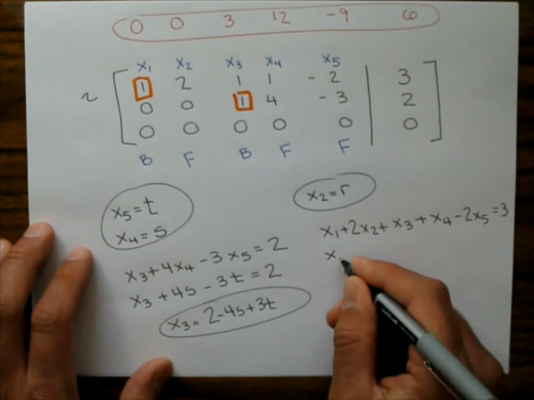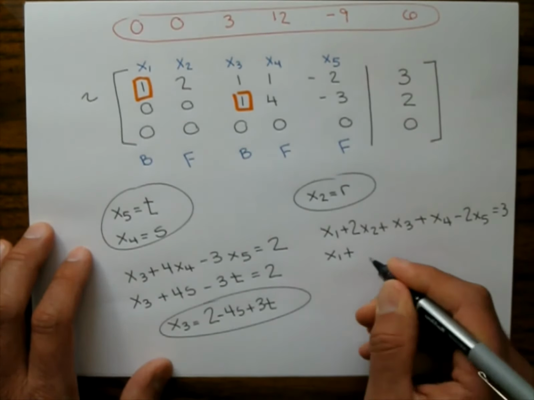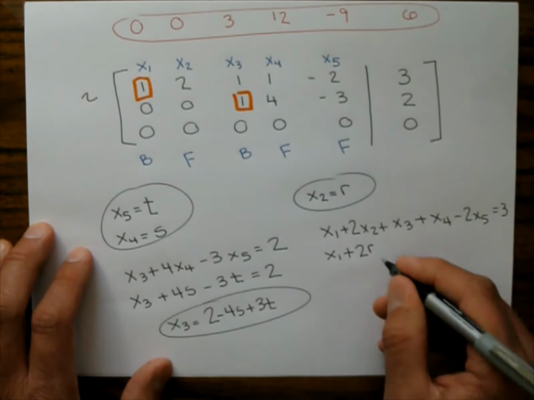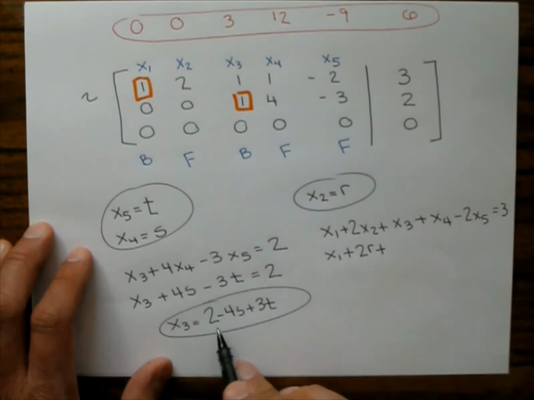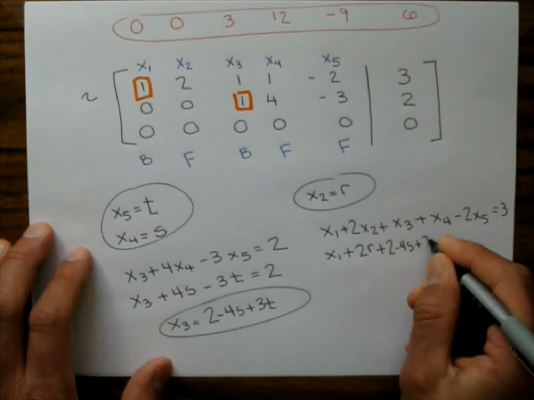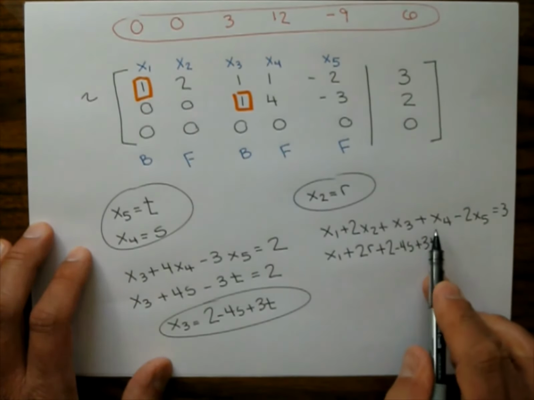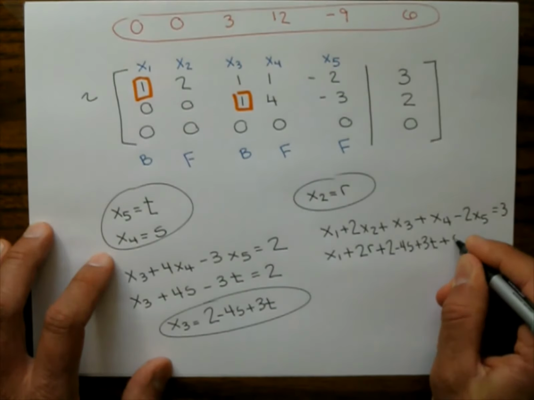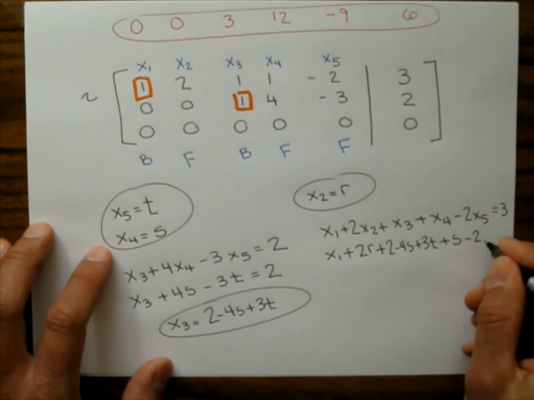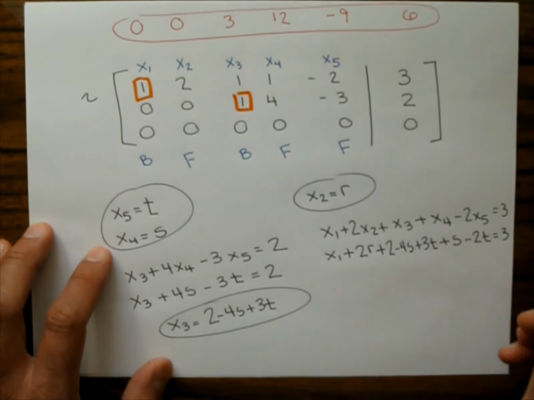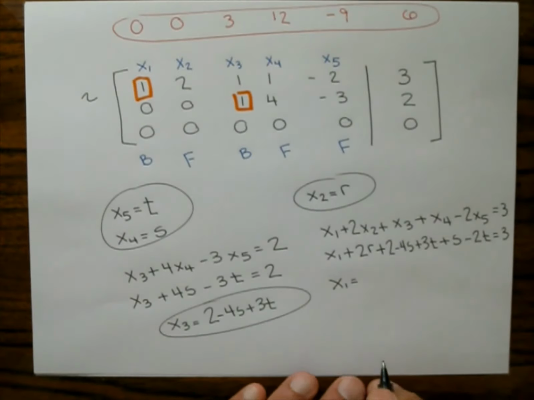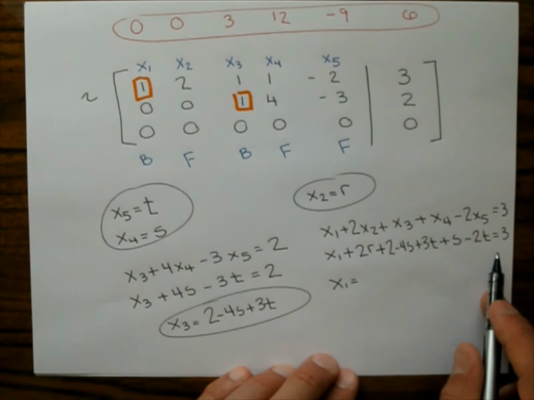So this is x1 plus 2 times x2, so 2r, plus x3. x3 is this guy right here. 2 minus 4s plus 3t, plus x4, so plus s, minus 2x5, so minus 2t. This gives me 3.